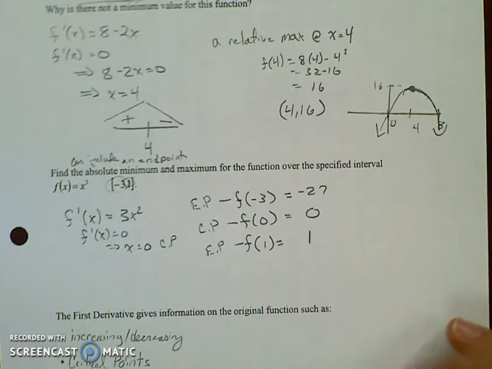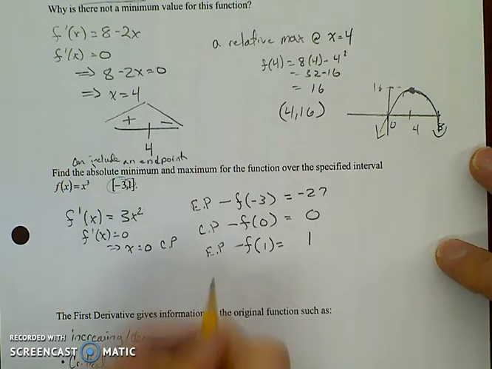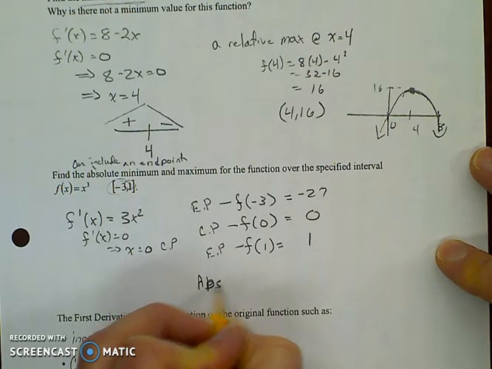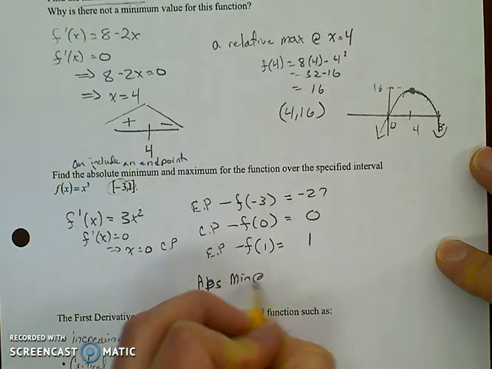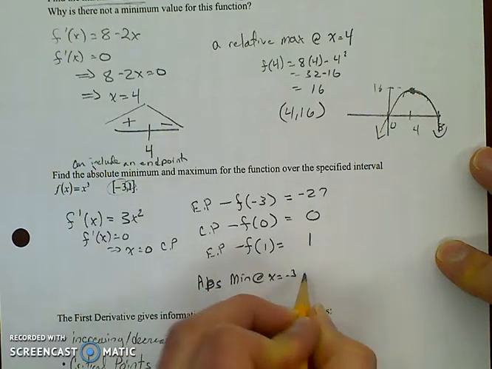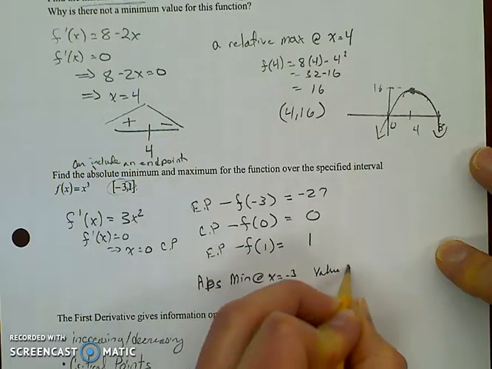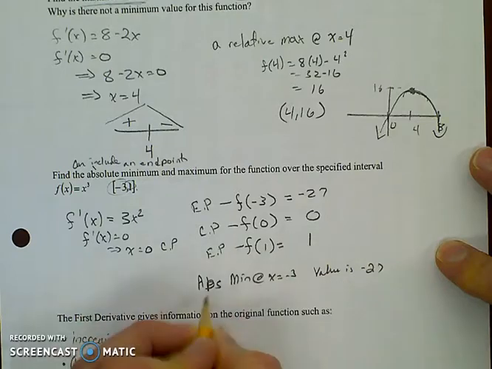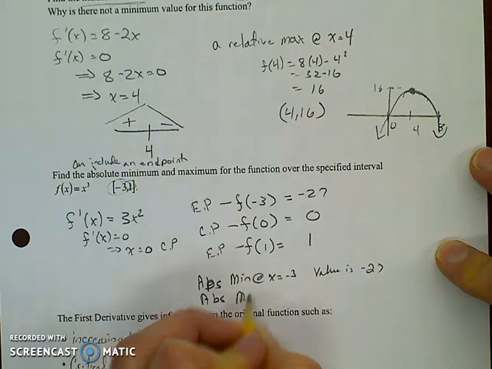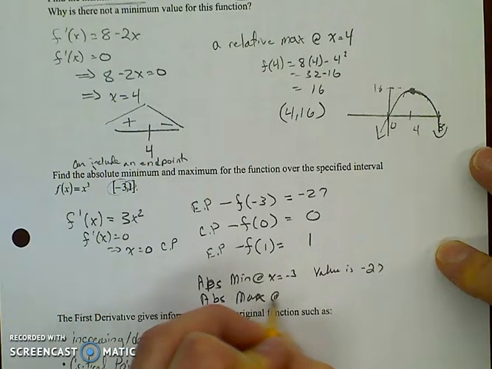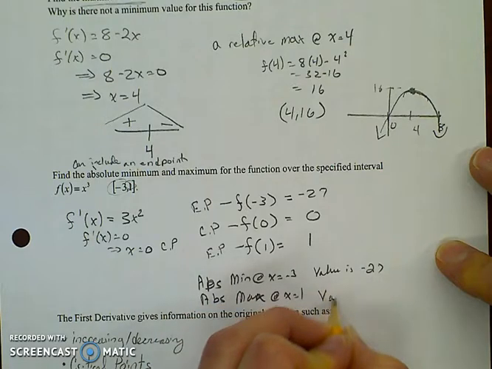And 1 cubed is 1. So we have an absolute min at x equals negative 3, and the value is negative 27. And the absolute max at x equals 1, and the value is 1.